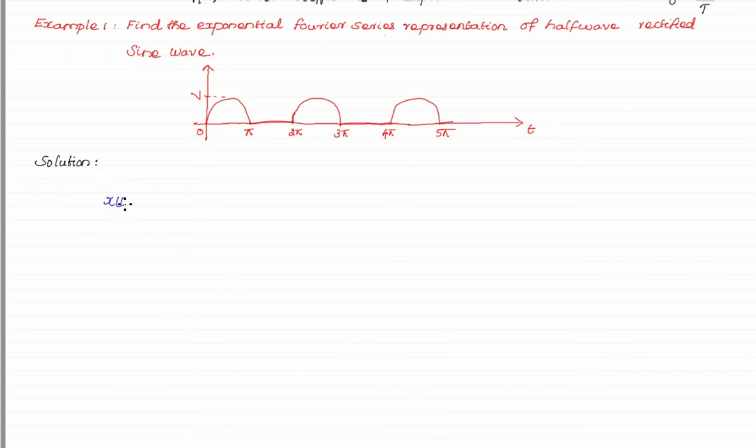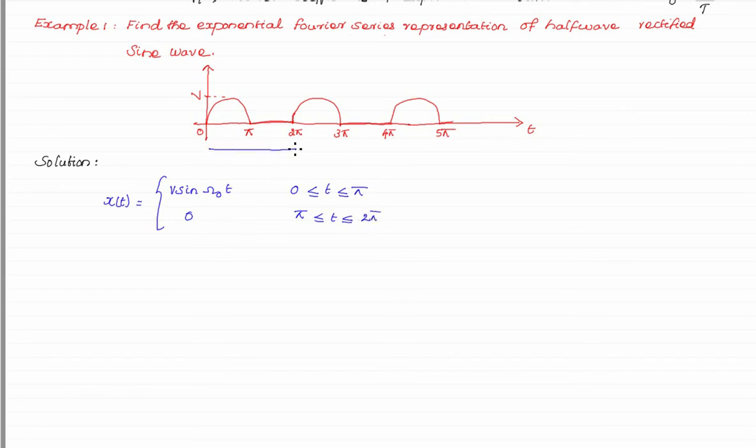Given in the question that the signal is a sinusoidal signal with the maximum amplitude V. So x of t is equal to V into sine omega naught t. This is from 0 to pi. And from pi to 2 pi it is equal to 0. We are going to consider one cycle.